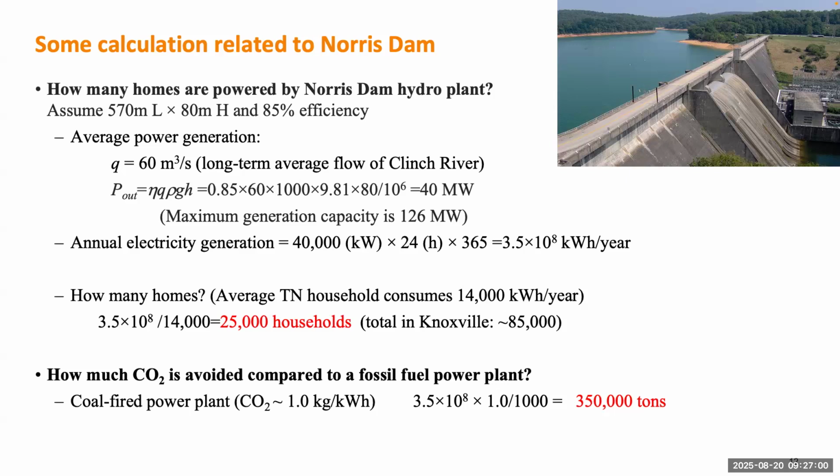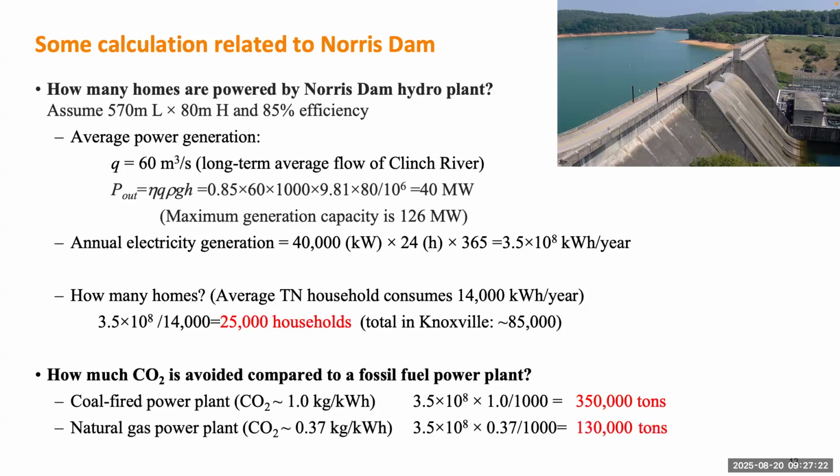So if you multiply the energy by 1.0, you get 350,000 tons of CO2. Okay, 1 ton of CO2 is about 500 cubic meters. So that's a lot.